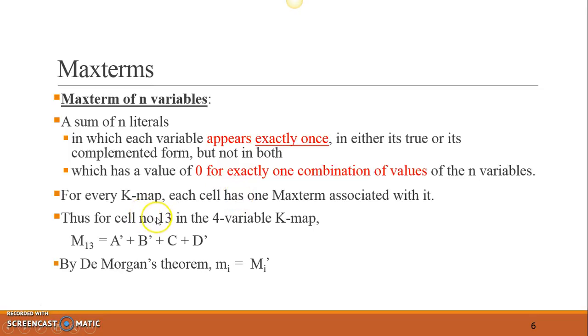Say for M, capital M, which represents the max term, M13 can be represented as A dash plus B dash plus C plus D, because all these literals are related by the sum of the literals. This being a complement of the earlier term, the same number 13 can be represented as 0, 0, 1, 0, which is nothing but the complement of decimal number 13.